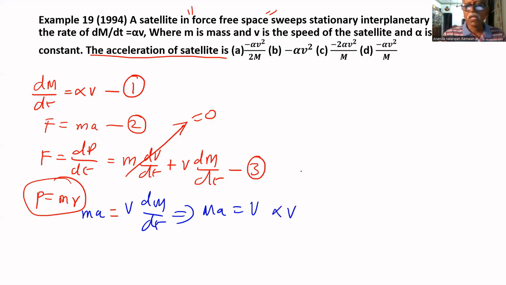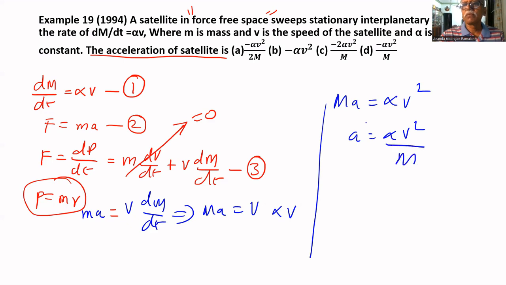Therefore, ma equal to alpha v square, or a equal to alpha v square divided by m. Here force-free space, no force. That's why it is a deceleration. That's why minus sign.